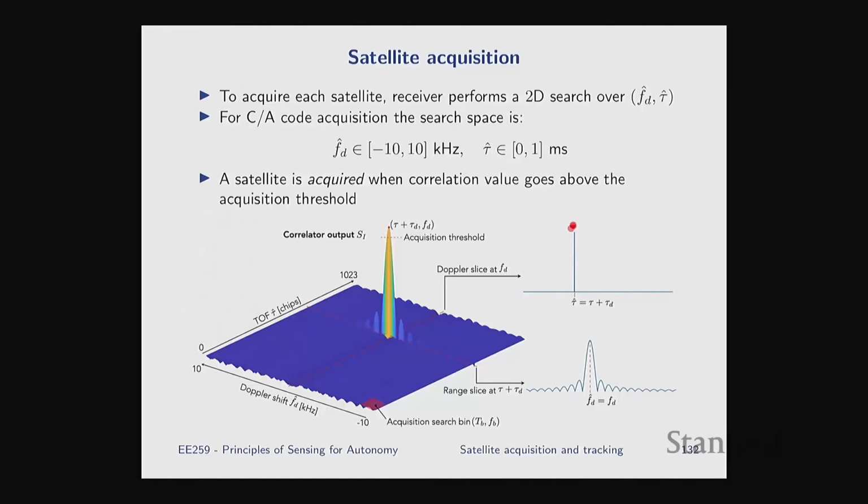In Doppler, it's a little more forgiving. If you look at the slice at the right tau hat, so you have found your pseudo range correctly, and you just have some residual error in Doppler, it's almost like a sinc function, right? At the correct Doppler, when f hat is equal to the actual Doppler, of course, that's its maximum, and then it drops.